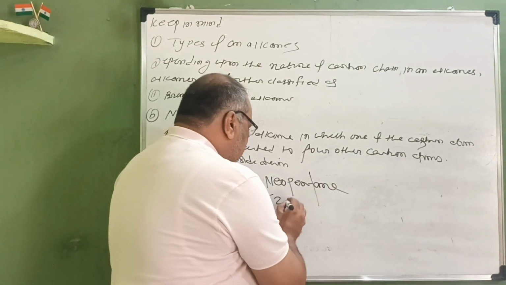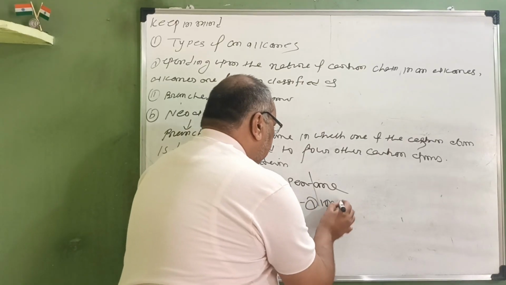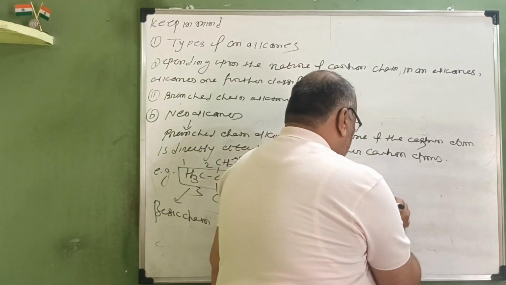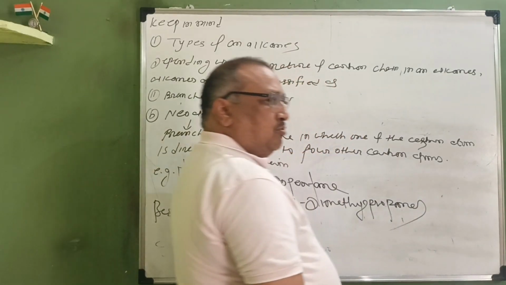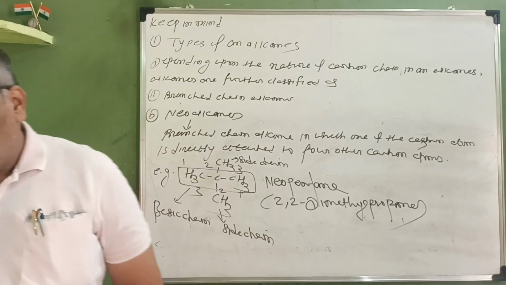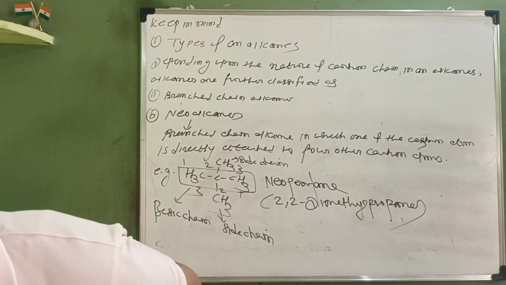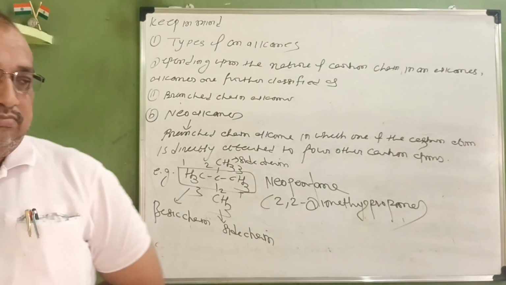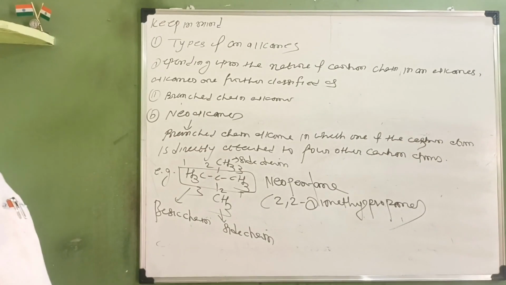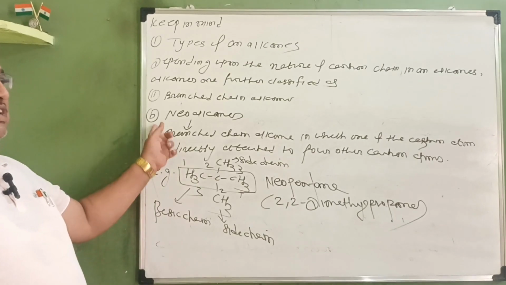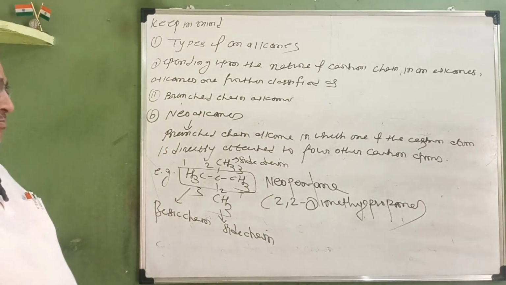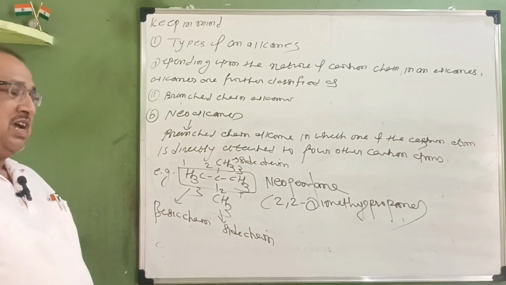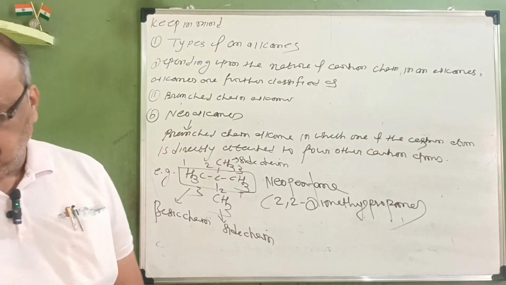And what is its IUPAC name? 2,2-dimethyl propane. Now here keep in mind, the most important point is that use small hyphen while writing the prefix small n, but don't use the hyphen while writing the prefixes iso and neo.